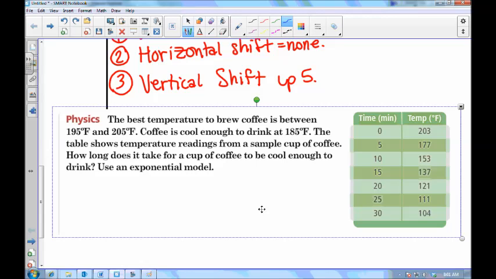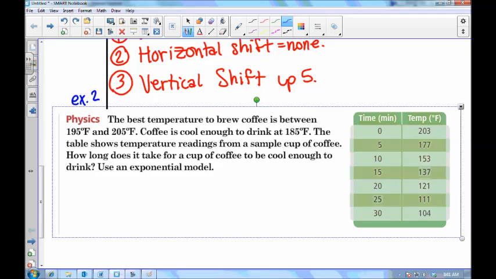Example 2. The best temperature to brew coffee is between 195 degrees Fahrenheit and 205 degrees Fahrenheit. Okay, you don't have to write down the whole problem, but you should write down what's important.